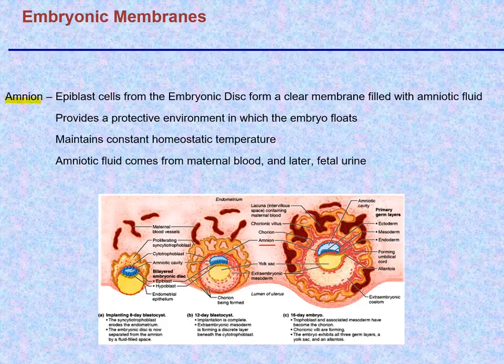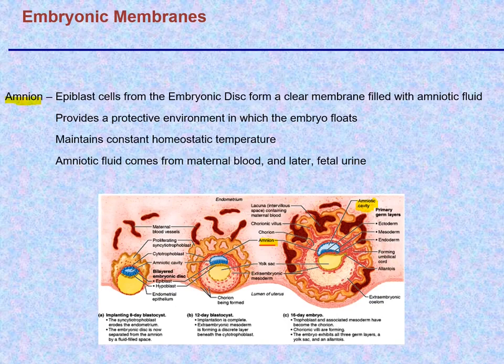the amnion here, described and shown there, is a layer of cells that forms a membrane that'll be filled with amniotic fluid. And you see that amniotic fluid as a light blue material, filling that amniotic cavity.